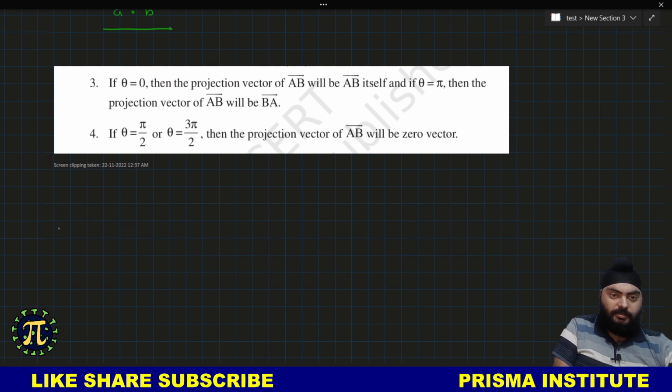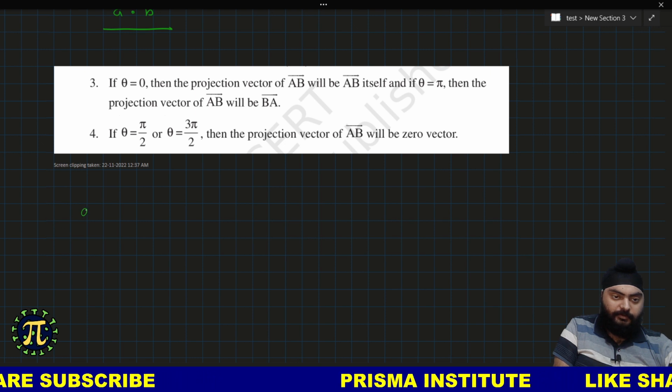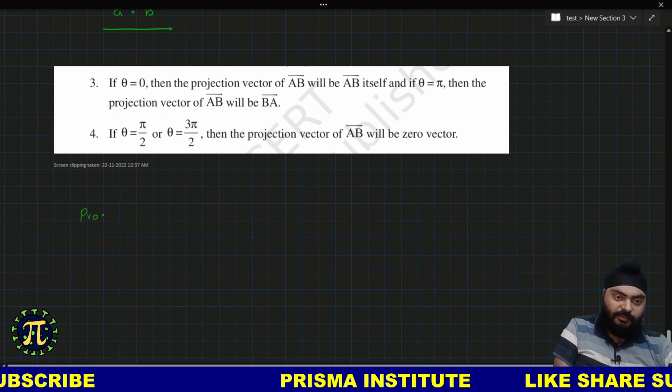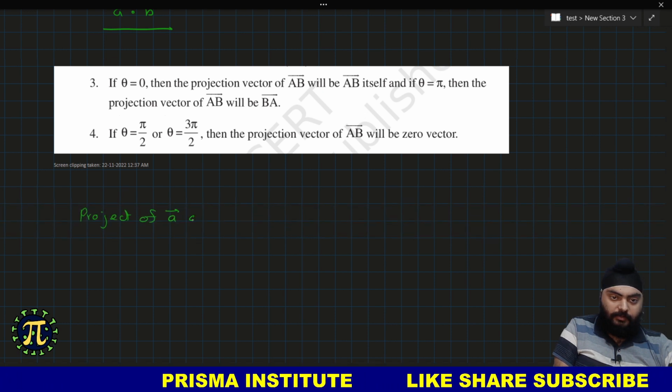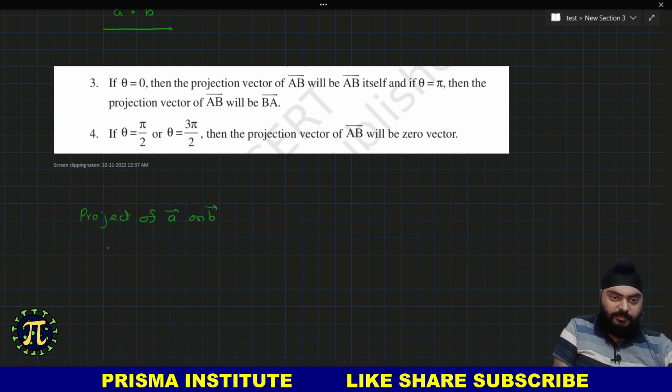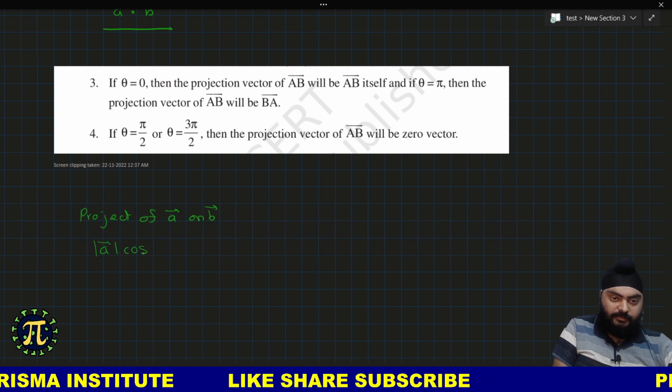So if theta is 0, okay, so we already know projection of A on B, right? ठीक है, projection of A on B is nothing but mod of A into cos theta, right?